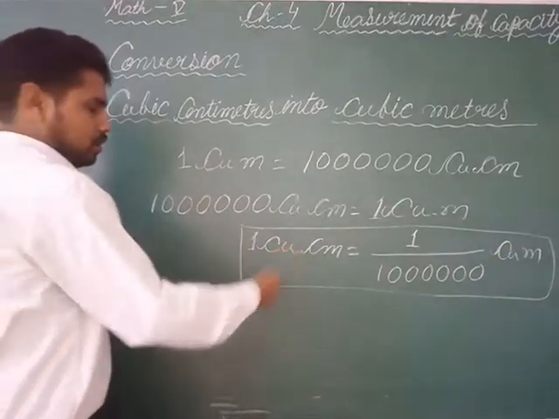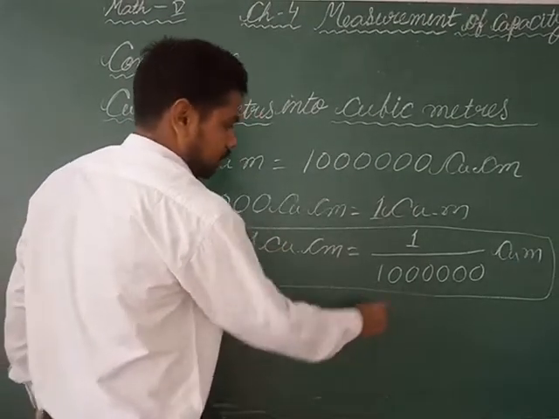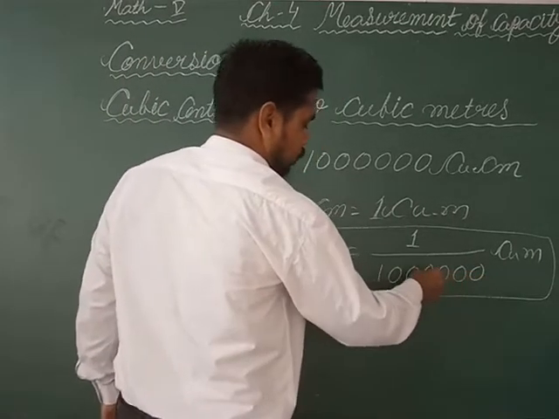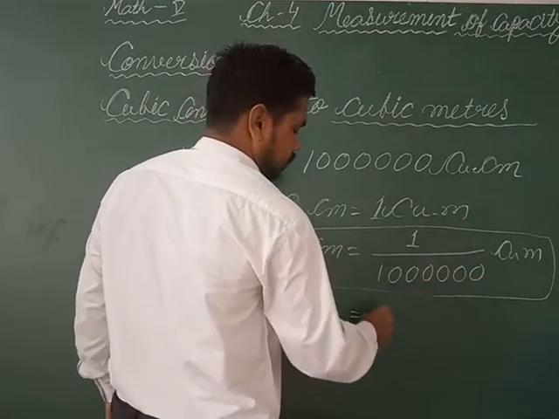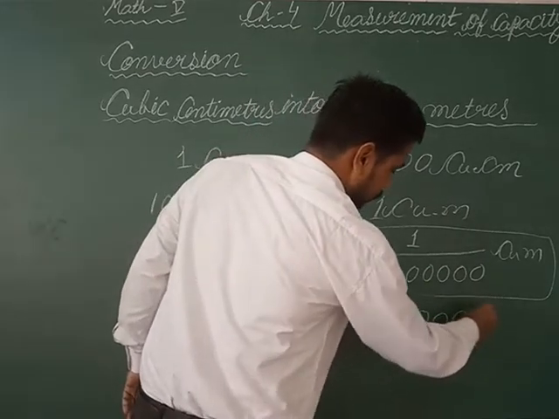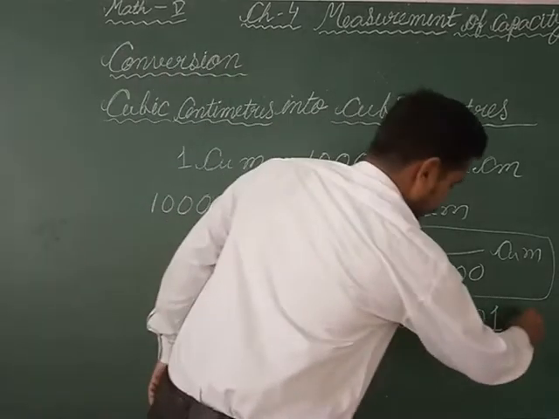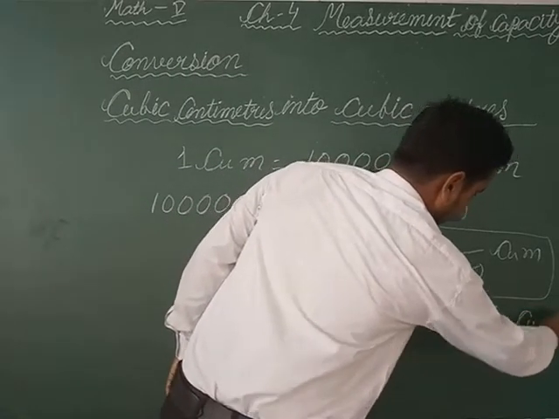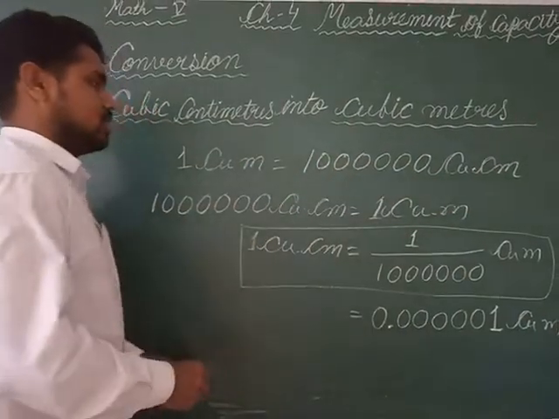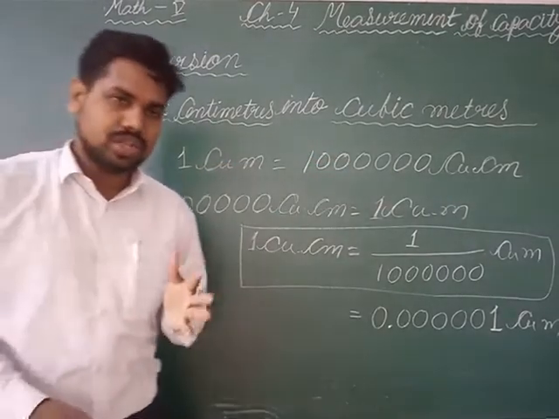You can convert this into decimal also. If you convert this into decimal, it will be 6 digits. So 5 zeros after the decimal and then 1. So this much of cubic meter.